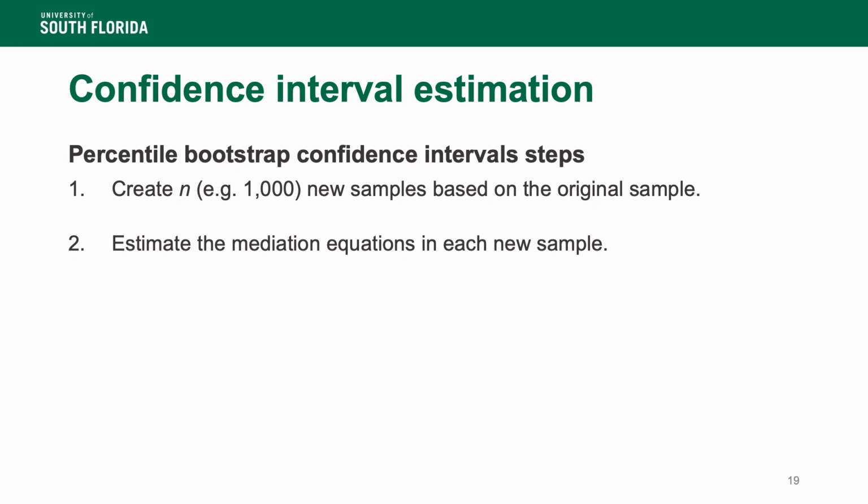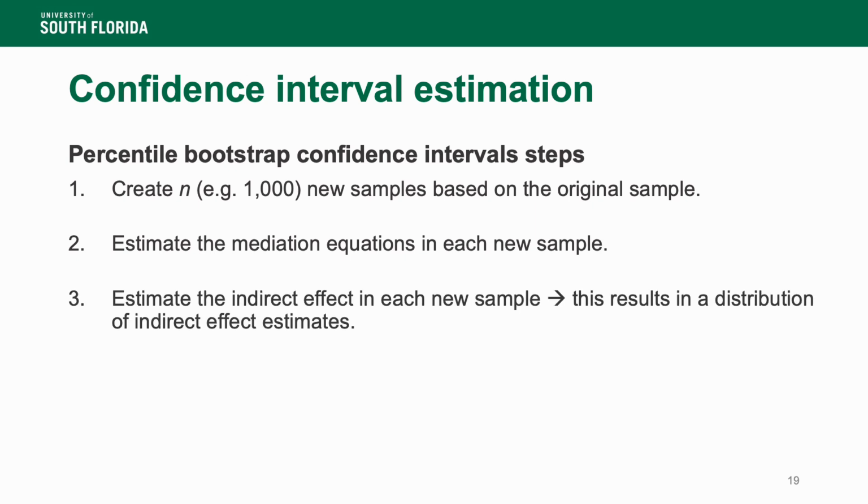In the second step, we estimate the mediation equations in each of those new samples. In the third step, we use the coefficients from those estimated equations to estimate the indirect effect in each new sample. If we estimate the indirect effect 1,000 times, then we essentially get a distribution of indirect effect estimates.